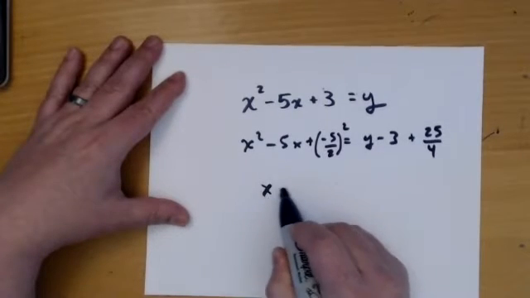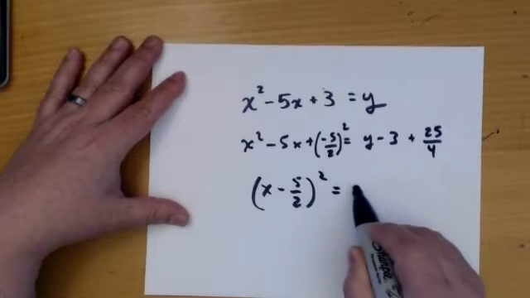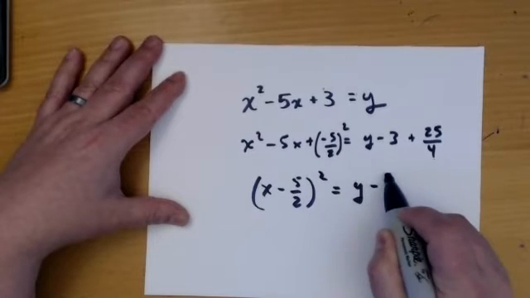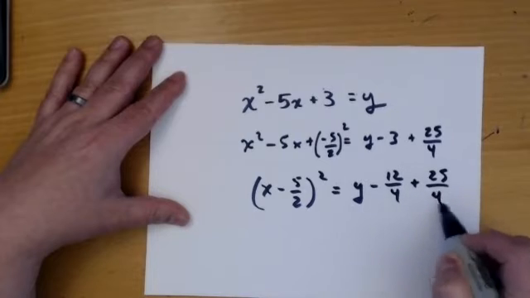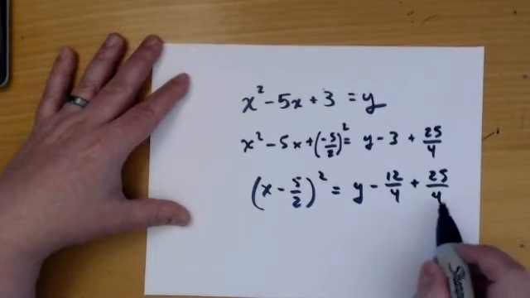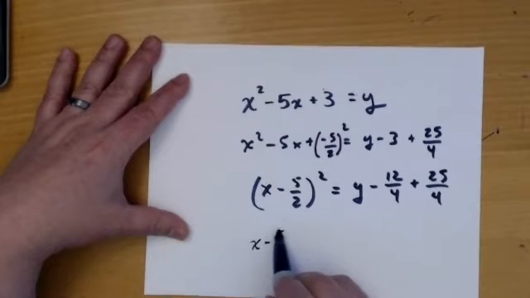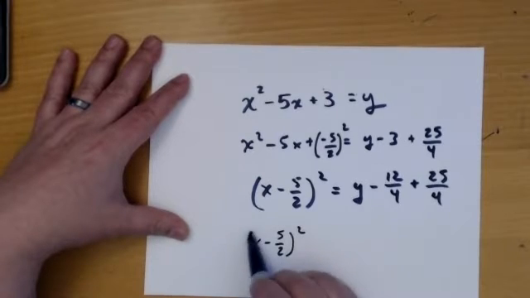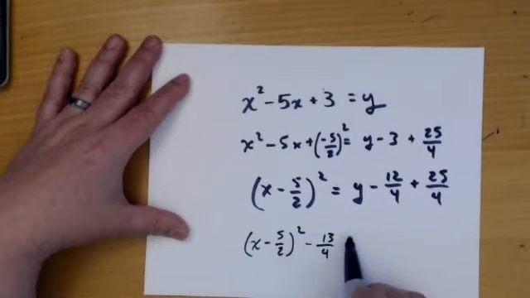So now I have x minus 5/2, y minus 12/4 plus 25/4. And then combine my like terms and move it on over. And I get minus 13/4. And we're done.